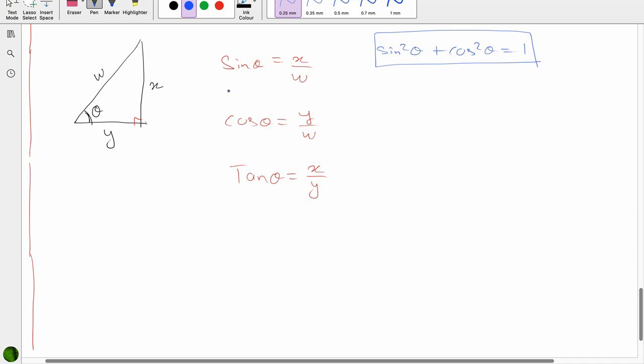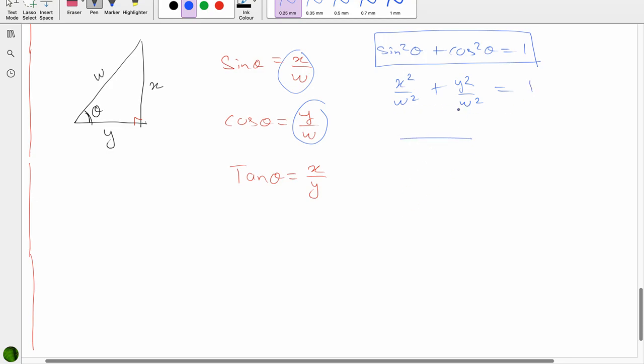We know what sine theta is. So square of this would be x square over w square. Cos square theta is y square over w square, equals 1.